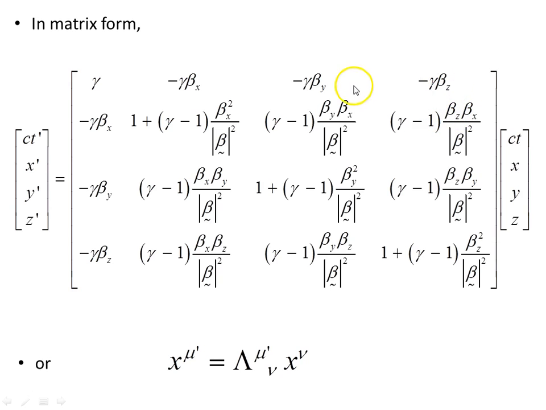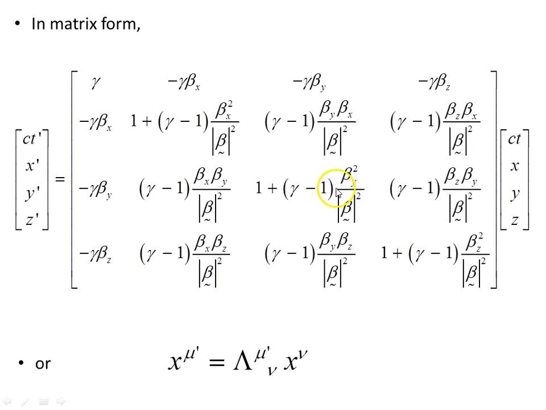Anything with beta subscript z or beta subscript y will go to 0, and beta subscript x will be the only one, because if you're having a boost in the x direction as in standard configuration, the only terms you'll get will be this one, this one, this one, this one.